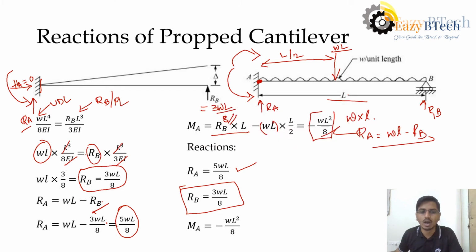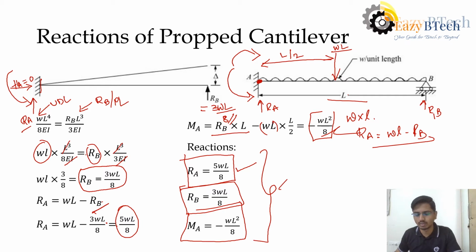Similarly, we have found the reaction RA, that is 5WL by 8, and the moment WL squared by 8. These formulas are applicable to whatever beam has the UDL throughout. This is the one formula problem.